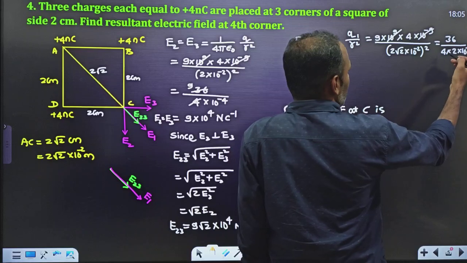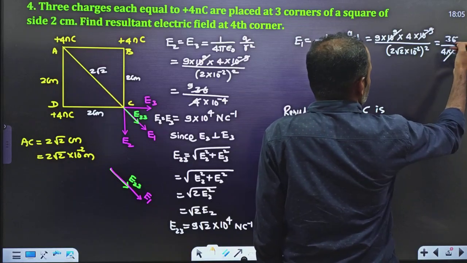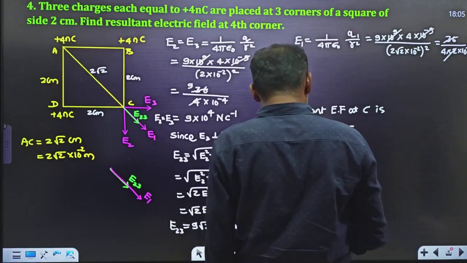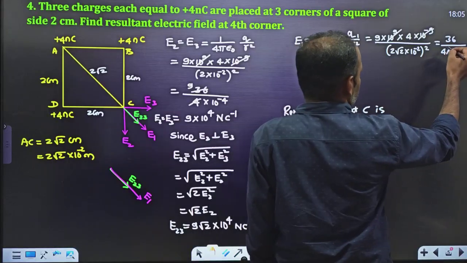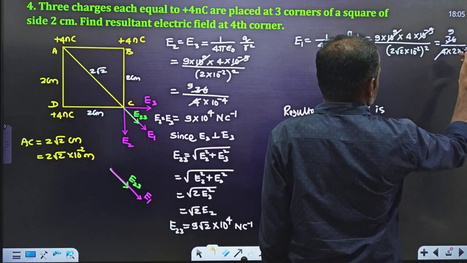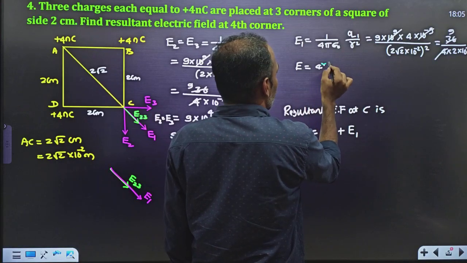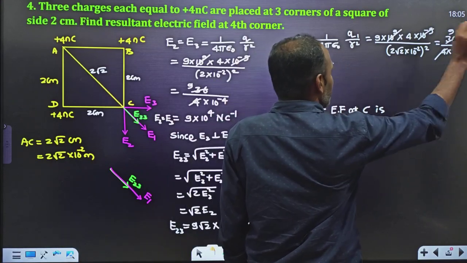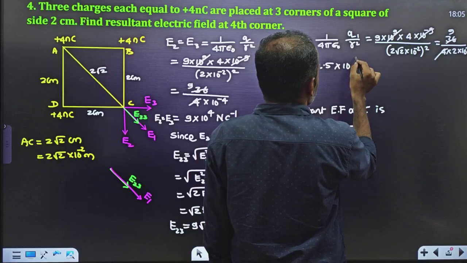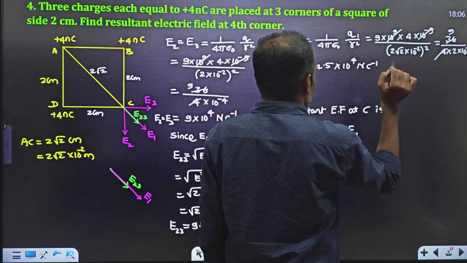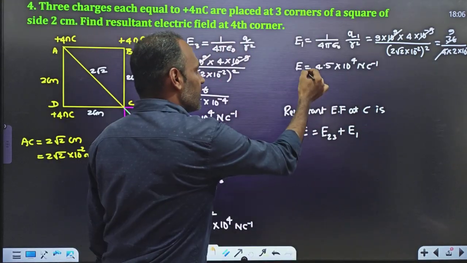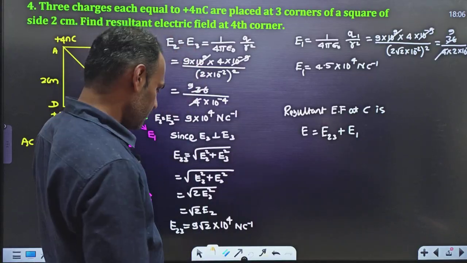So 4 ones are 4, 4 nines are 36, so 9 divided by 2 means it will be 4.5. 10 to the power minus 4 in the denominator becomes 10 to the power plus 4 Newton per coulomb. This much is the electric field number 1.